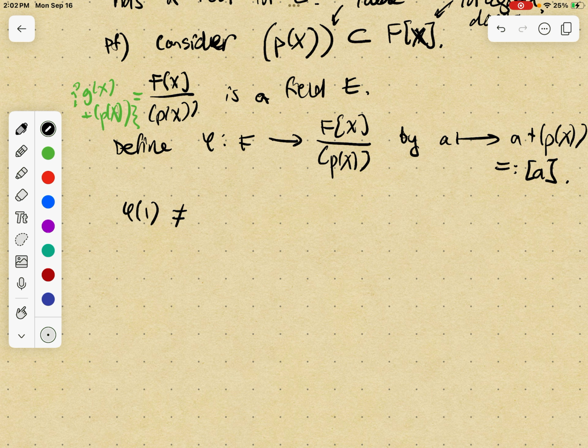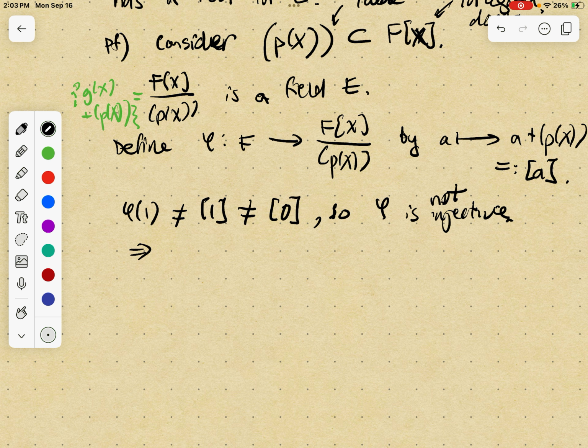And phi of 1 is just the coset containing 1, which is certainly not in the ideal generated by p of x, and so it is not the 0 element in E. So this is a ring homomorphism whose domain is a field, and so phi is injective. I mean, the kernel is either all of F or it's 0, and we just showed that the kernel is not all of F.